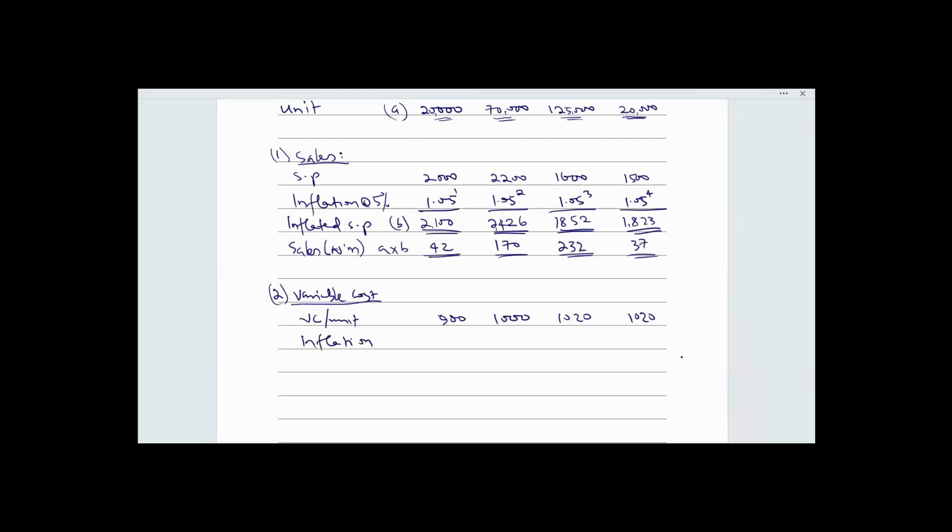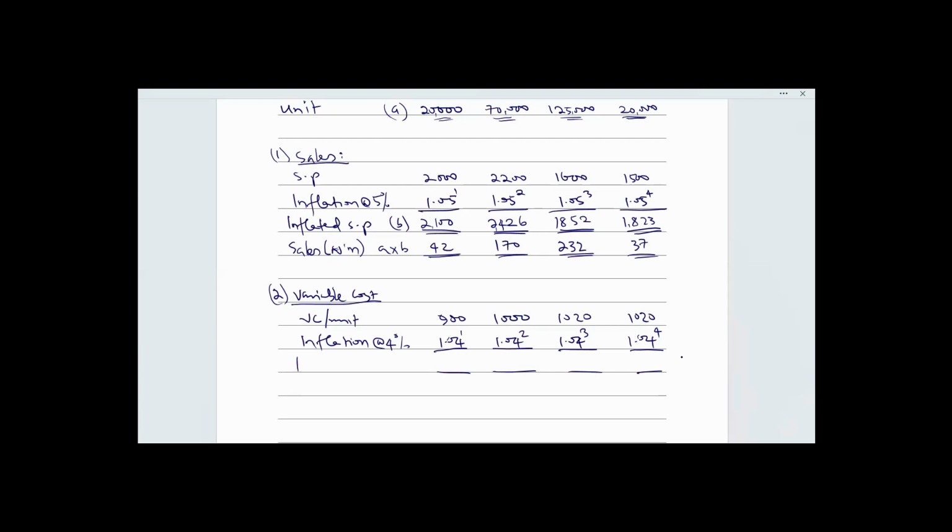Okay, so I have inflation. What's the inflation rate for variable cost? 4%. Okay, inflation at 4%. I would then say 1.04 raised to power year 1, 1.04 raised to power year 2, year 3, year 4. Remember, our variable cost is in current price terms. So give it to me.